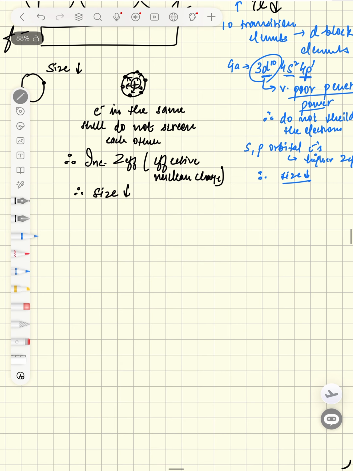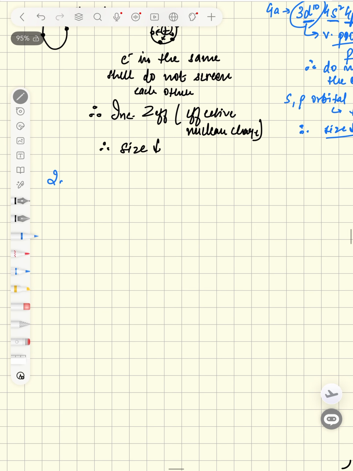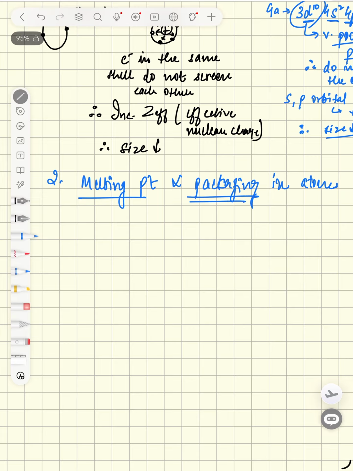The second property which we talk about is the melting point. Melting point depends upon the packaging of the atoms, the type of packaging present inside the atoms. Now, the melting point shows an irregular trend.